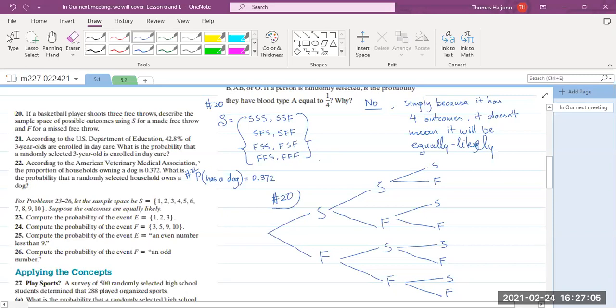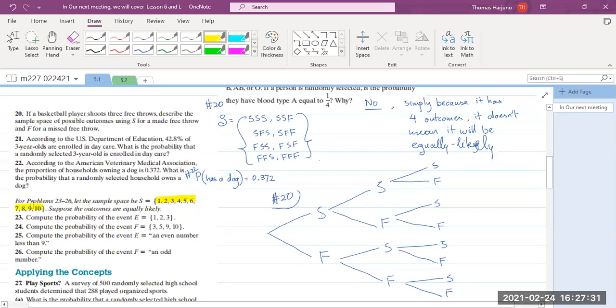Let's see number 23 to number 26. We will learn to use further notation here. From number 23 to number 26, let the sample space be S equals 1, 2, 3, 4, up to 10. Suppose the outcomes are equally likely. Now there are 10 outcomes here.